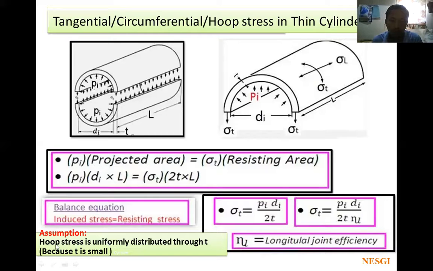So here hoop stress is uniformly distributed throughout the thickness t, as the stress value is small in case of the thin cylinder.